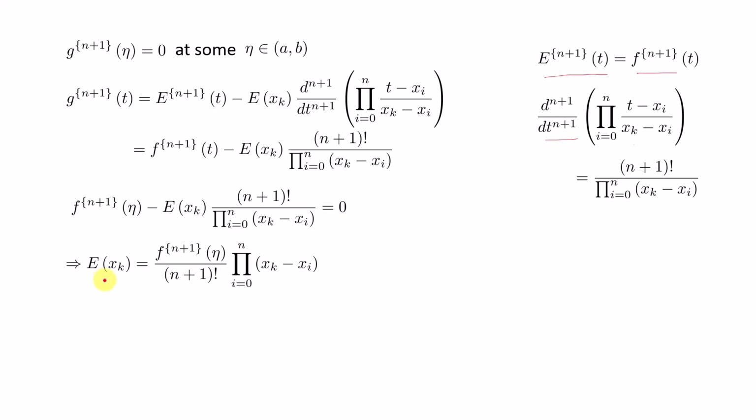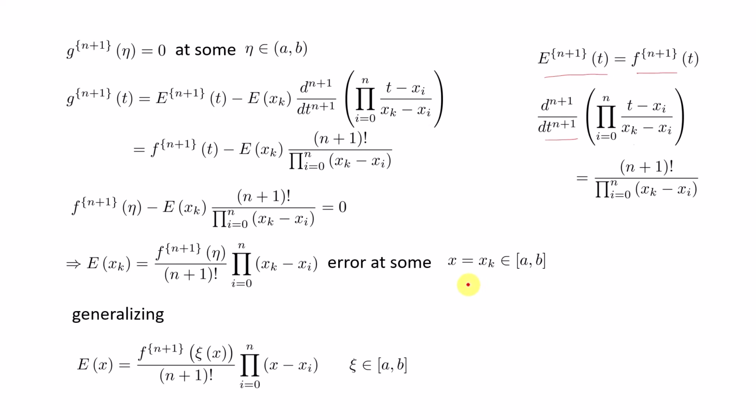So I write this e(xk) is equal to f^(n+1), the derivative at some point eta, divided by n plus 1 factorial, multiplied by the xk minus xi product. This gives us an expression of error at some point x equals xk. This is an error. So now we can generalize it, because this is the error at some point within AB.